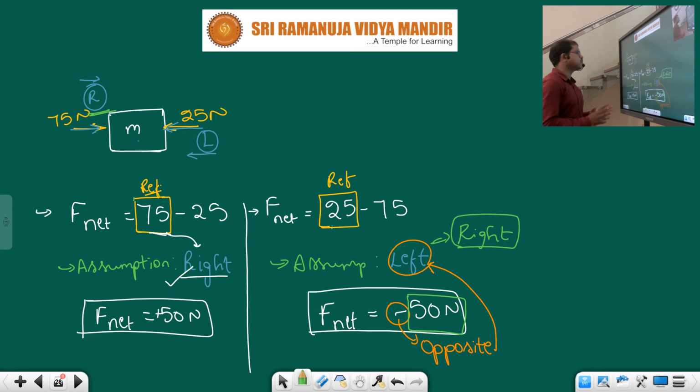Suppose you are getting any difficulty in identifying the direction mathematically, then simply calculate the net force. Since both are in opposite directions, we will subtract and apply common sense: in whichever direction the force is more, towards that direction the block will move or the net force will act. Like that also we can solve.